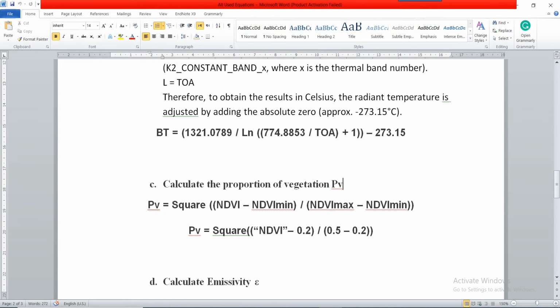So the next step for calculating the LST is calculating the proportion of vegetation, or PV. So we need this formula in order to calculate it. We have square NDVI, which is the NDVI value or the NDVI image or layer, NDVI minimum, the minimum value of the NDVI for the same year, and we have maximum and minimum.